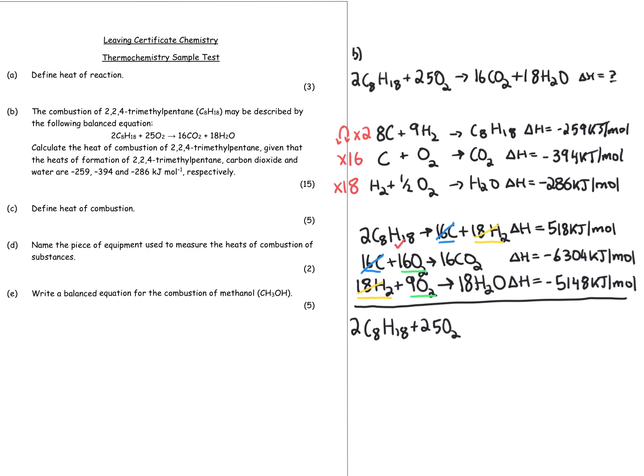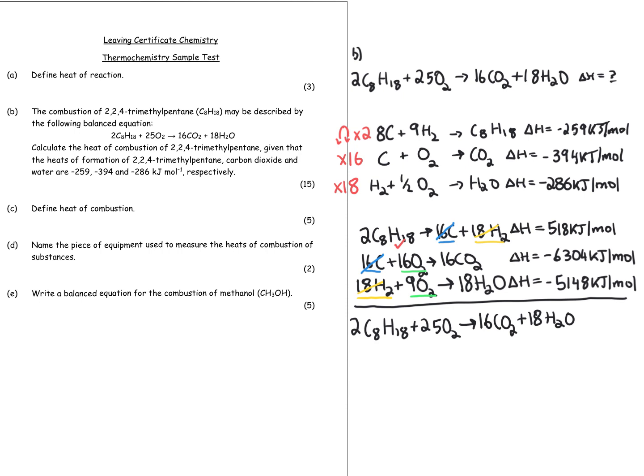Then seeing what we've left on the right hand side, we have 16 CO2 and 18 H2O. If we compare that with what we have at the start, we have 2C8H18, 25O2, 16CO2, and 18H2O, the same equation.